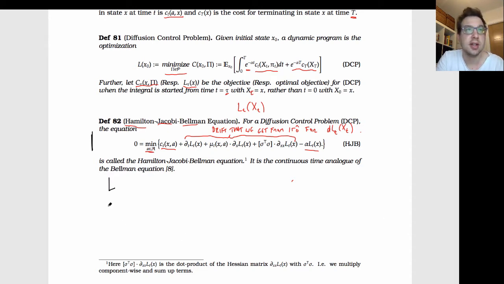then I can write it down in one of several ways, but one way is to think of it as the minimum of the instantaneous cost. In this case it's c_t(x, a), and then we subtract the discount factor times the value function, if there is a discount factor.